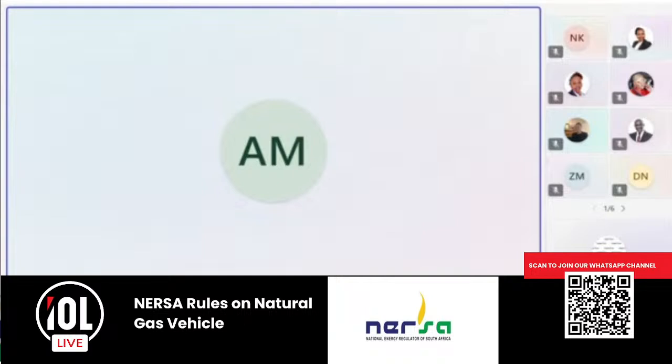There are plans in place that the major supplier has put in place, and as a result, there is an application that NERSA is considering, which specifically looks into that. The application relates to the use of MRG to replace the natural gas, and also looks at the future.